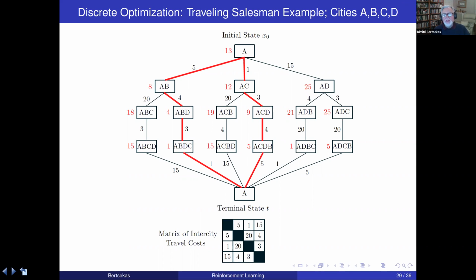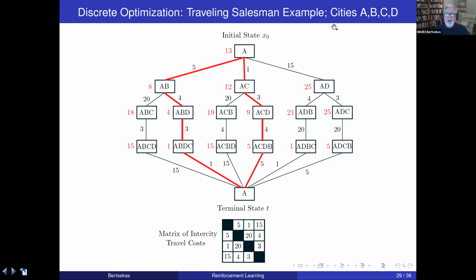Generally speaking, for such combinatorial problems to be addressed by dynamic programming, you have to break them down into pieces. The overall solution has to be broken into small pieces, with each piece being chosen at a stage of the dynamic programming algorithm.